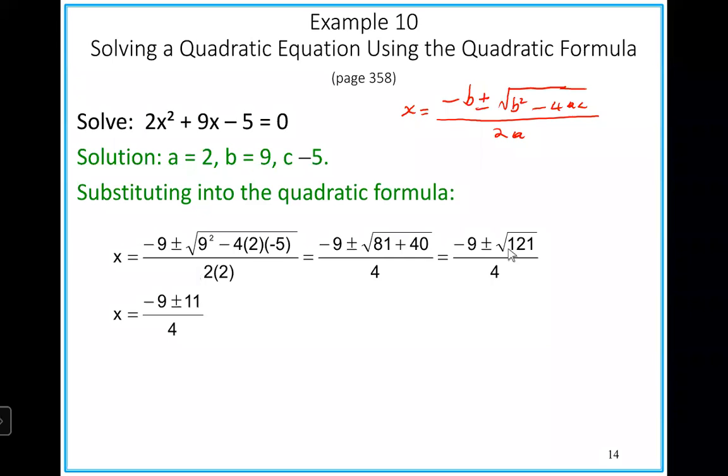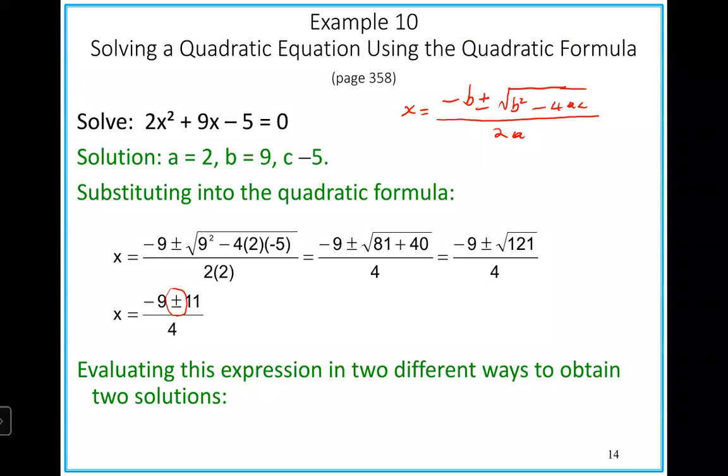So -9 plus 11 over 4 or -9 minus 11 over 4. Remember when we solved the quadratic using the factoring method, we got 2 answers. We're still going to get 2 answers even though we're using the formula, because right here it says plus or minus. One answer is when we add, and one answer is when we subtract.